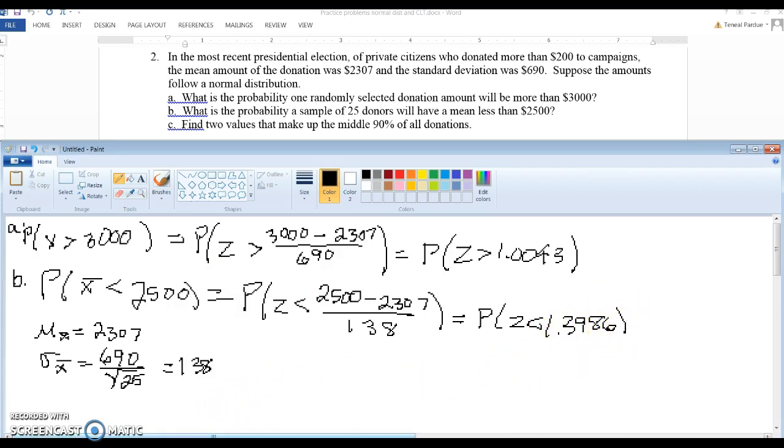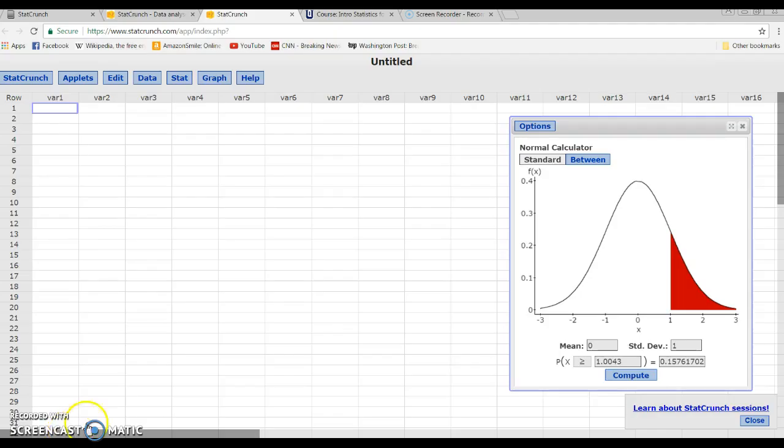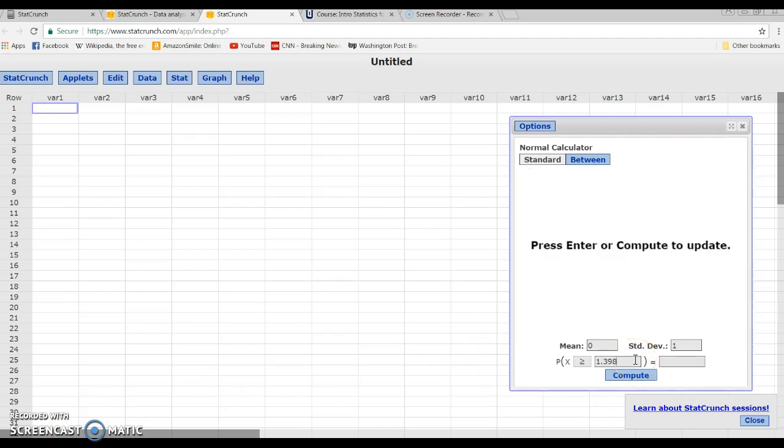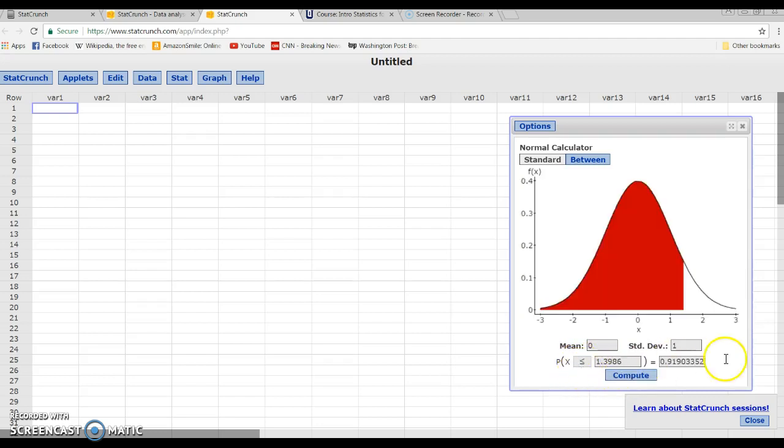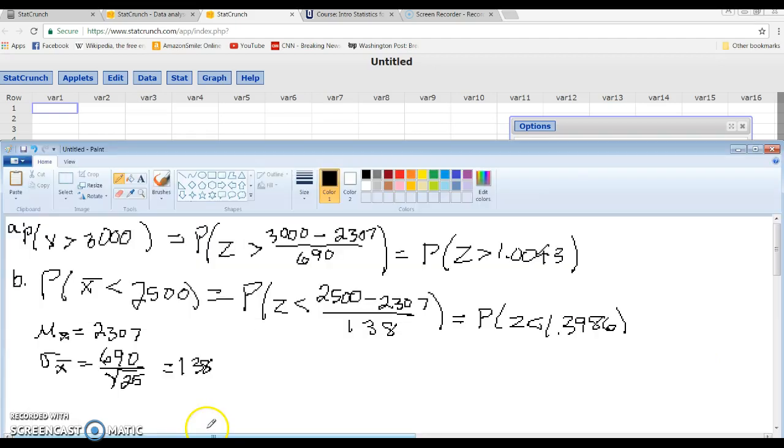And so now we go over to StatCrunch. Probability Z less than 1.3986. Change this to less than, and our answer is 0.9190. All right, so that's part B.